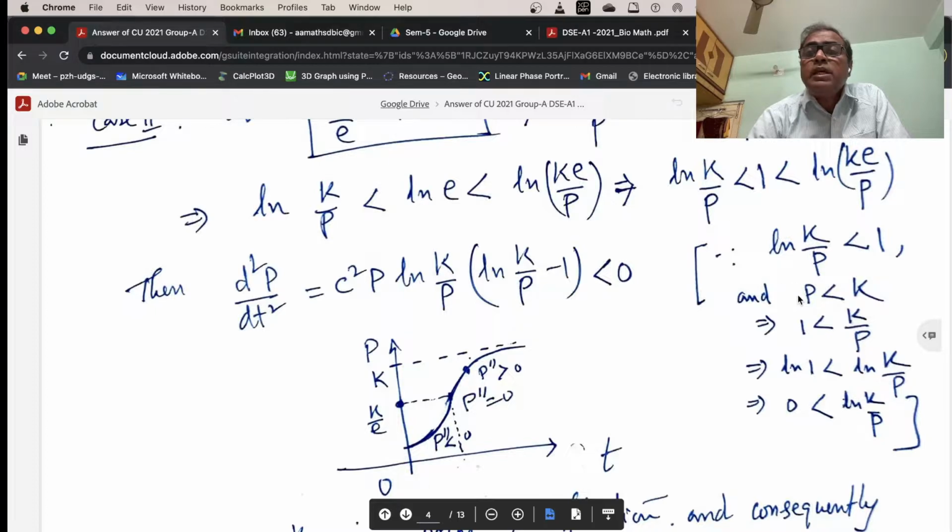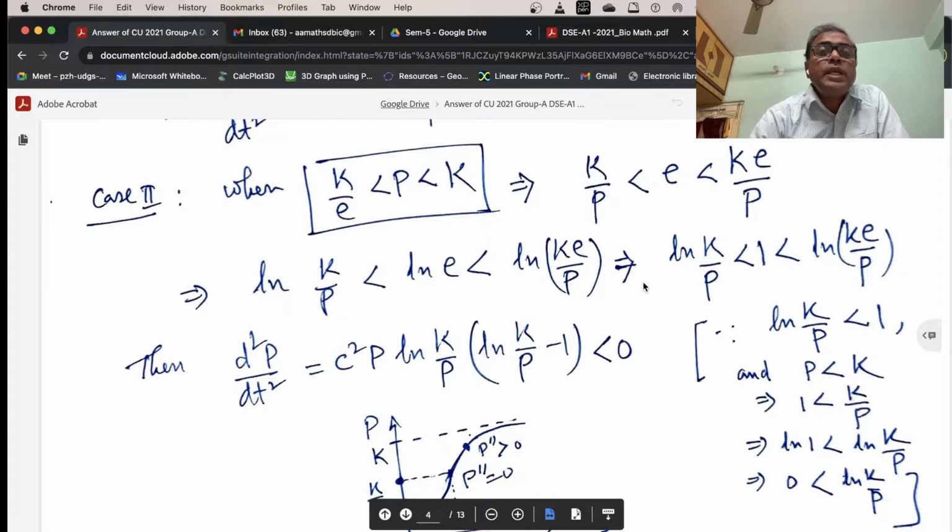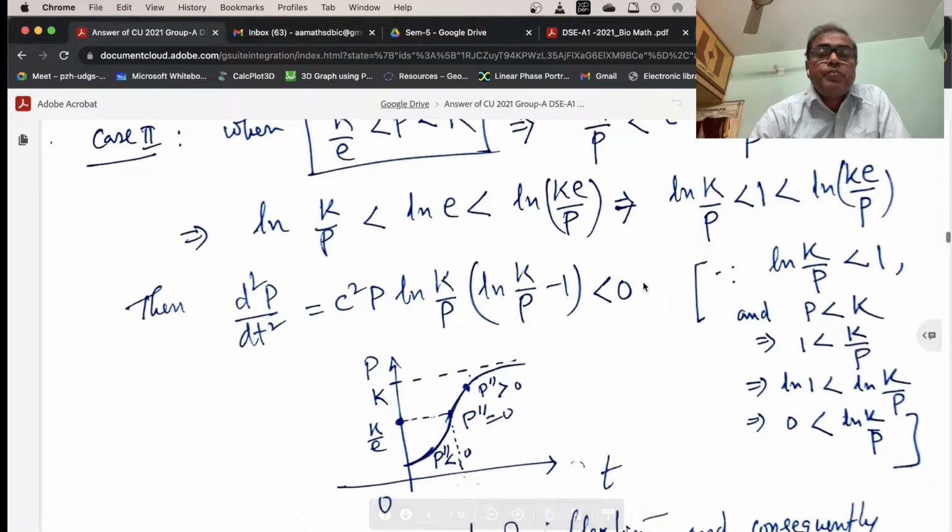So p is less than k and 1 is less than k by p. ln 1 is less than ln k by p, that is ln 1, log to the base e of 1, equal to 0. So 0 less than ln k by p. So this ln k by p is positive, and ln k by p minus 1 is negative. So d2p dt square is negative when p lies between k by e and k.